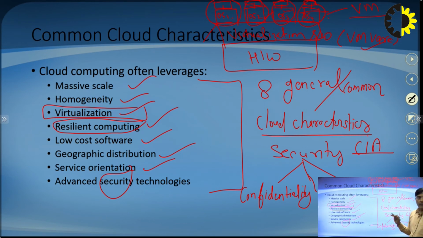Security means, okay, what is confidentiality? Confidentiality means data should be confidential. Data and application software should be confidential in nature. Confidential means it should not leak out. Nobody can listen, nobody can see without the permission of the legitimate user, which prevents unauthorized access.